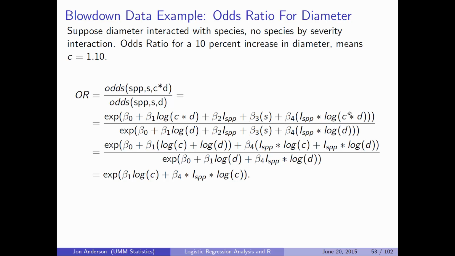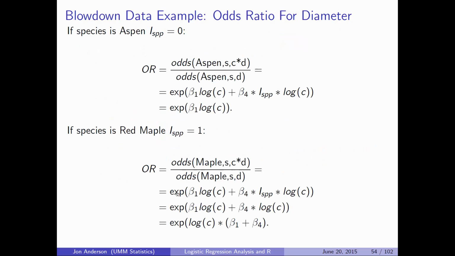just to show you here how you would have to expand the terms and do the math differently, because the model would be different in this case, and you'd get a different kind of odds ratio that would involve this 10% increase in diameter, but it would be a 10% increase modifying the beta 1 parameter and also the beta 4 parameter.